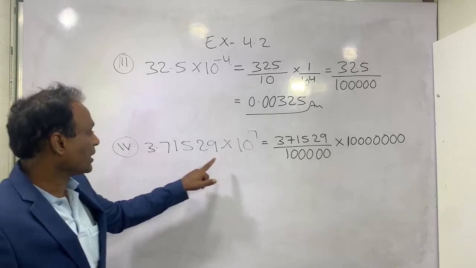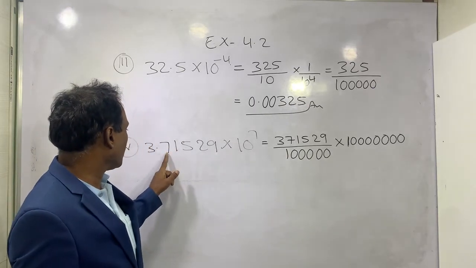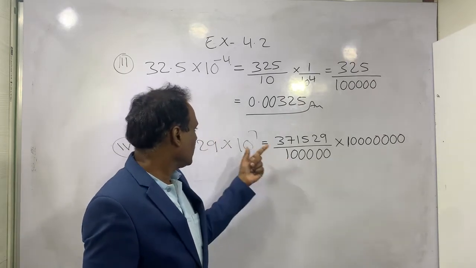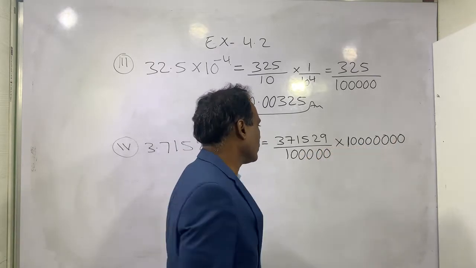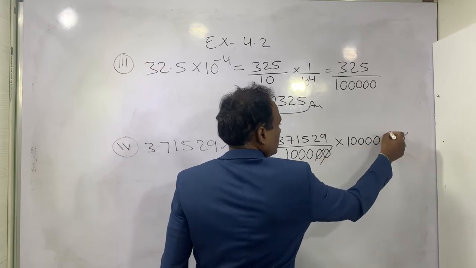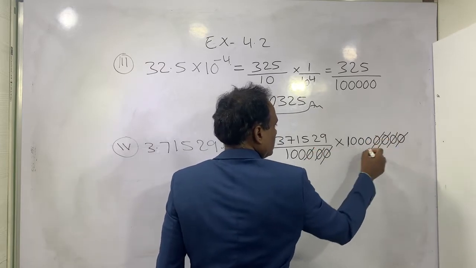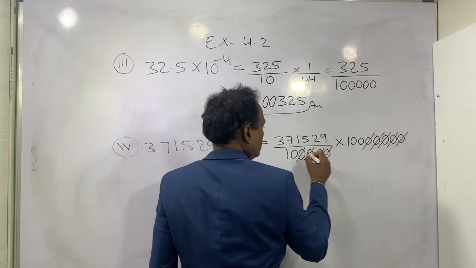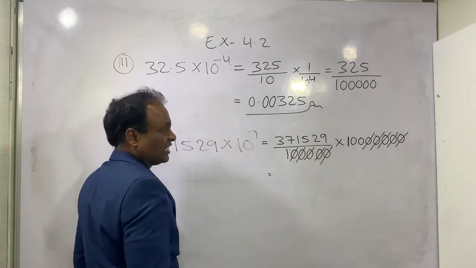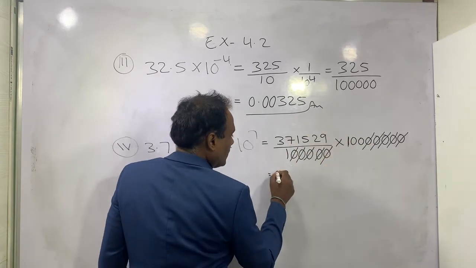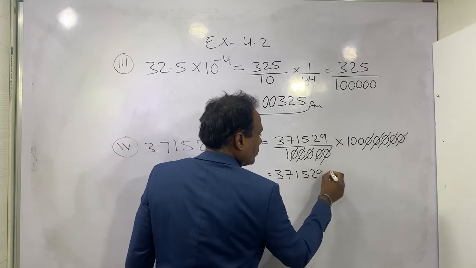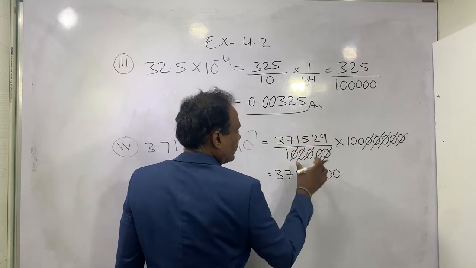Now, cancel. 100 into this number is 371529 with 2 zeros.